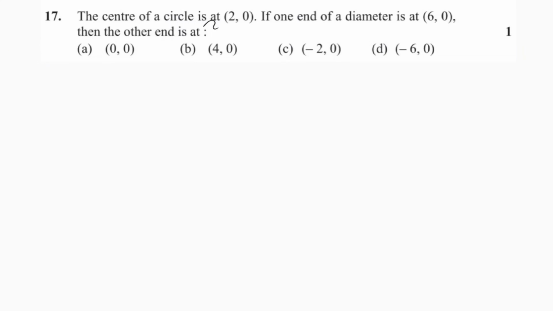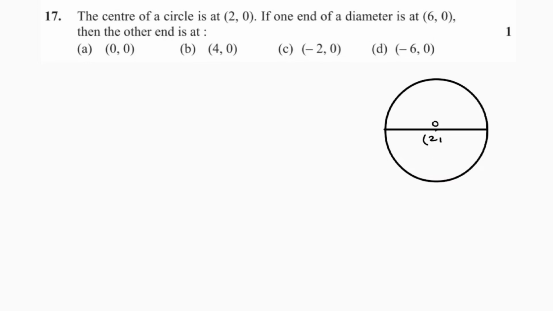The center of a circle is (2, 0). If one end of the diameter is (6, 0), then the other end is? So here the center of a circle and a diameter are given. I'll consider the center as O, which is (2, 0). One end of the diameter is (6, 0).